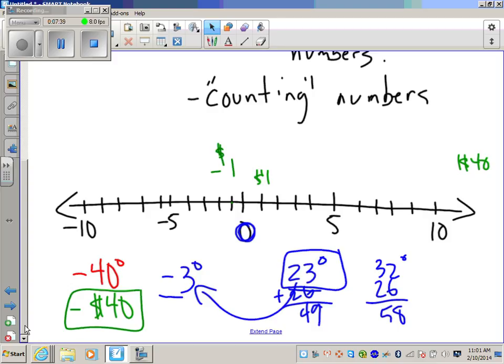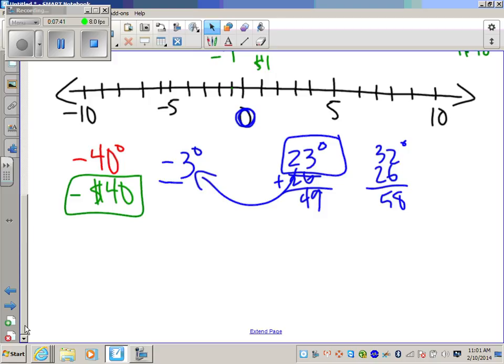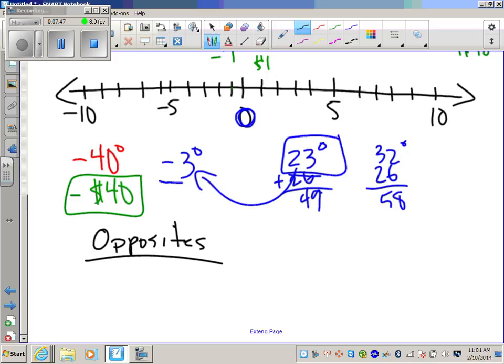Okay. Let's explore opposites. Opposites. Okay? Opposite, as far as integers are concerned, would be demonstrated by, well, give me an integer. 0 is not positive or negative, so it won't have an opposite.